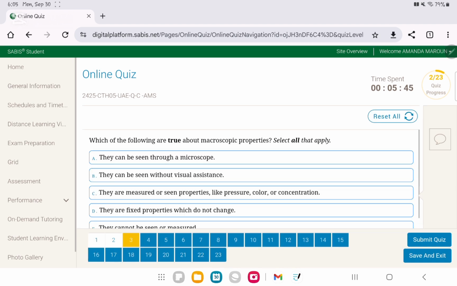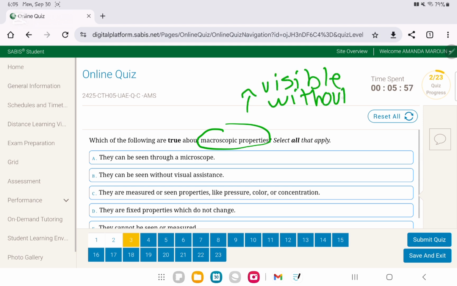Question number 3. Which of the following are true about macroscopic properties? We said, what about macroscopic properties? They are visible without visual aid, meaning you don't need a microscope, you don't need any tools to help you see them. Visual aid or visual assistance, okay?